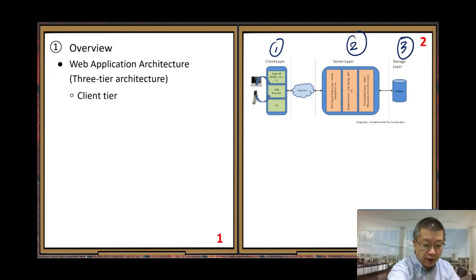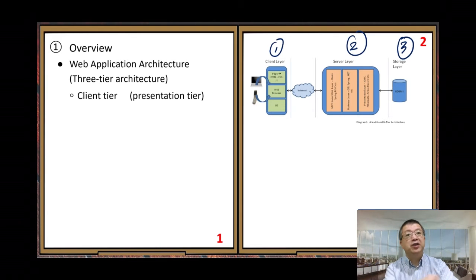All right. First, the client tier. Tier number one, we call it client tier or client layer. Same meaning. People also call it presentation layer, tier or layer. The reason is simple. We do business data presentation. Because a client requests some special business service from a particular server.